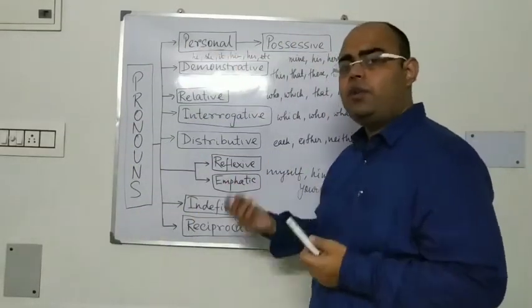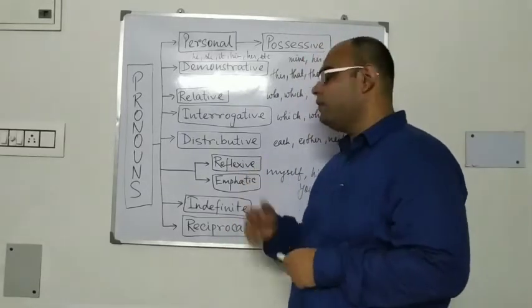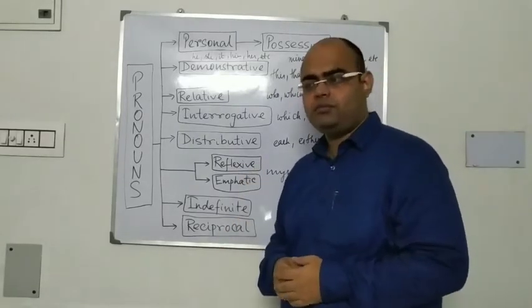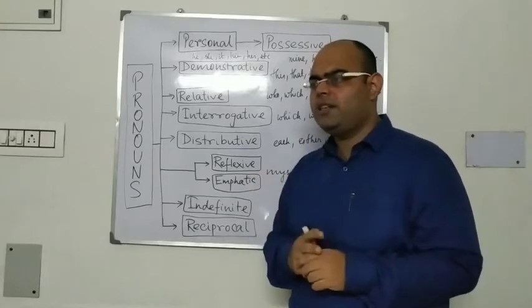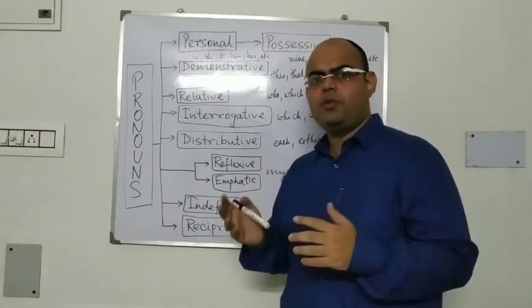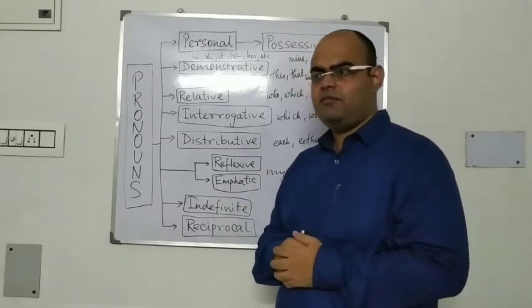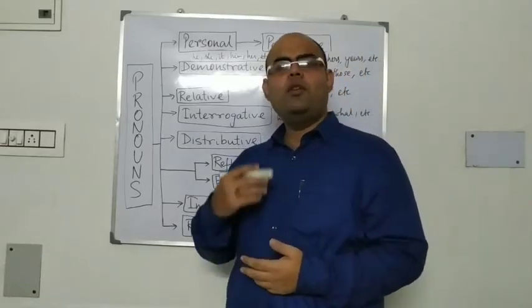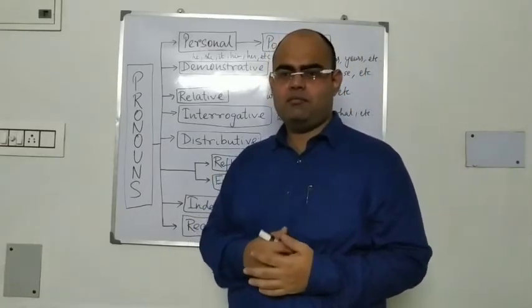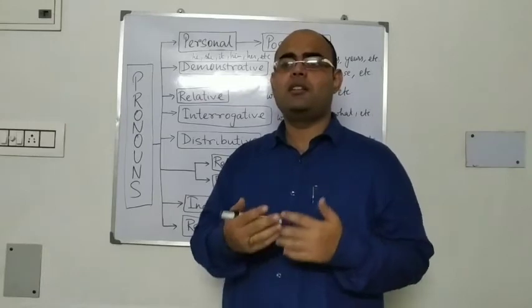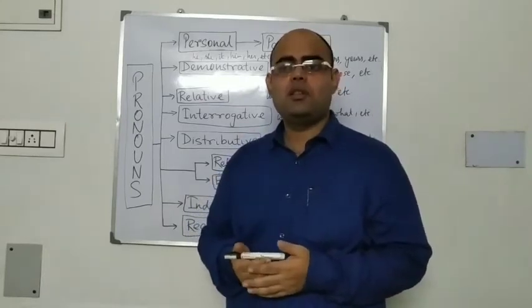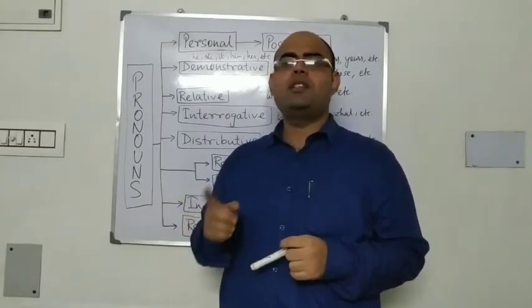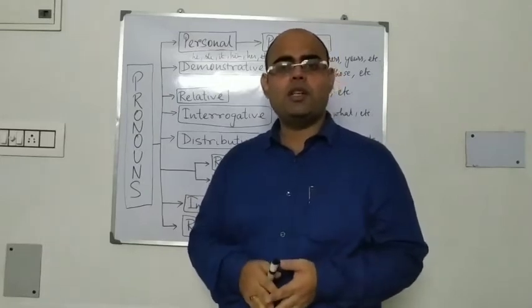So how would we understand if it's a reflexive pronoun or an emphatic pronoun? Look, what is reflection? Suppose you stand in front of a mirror. Now just think, who is looking at the mirror? You. What are you looking at? Yourself, your image. So the one who is the subject is also the object.